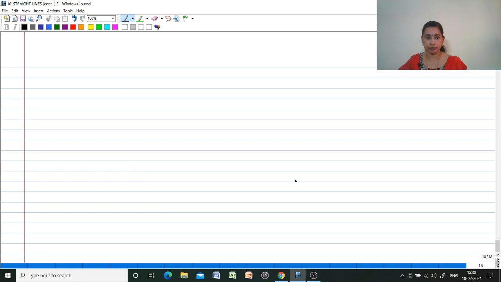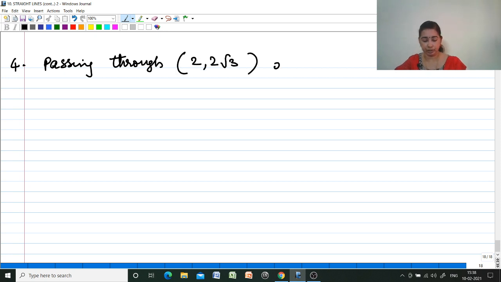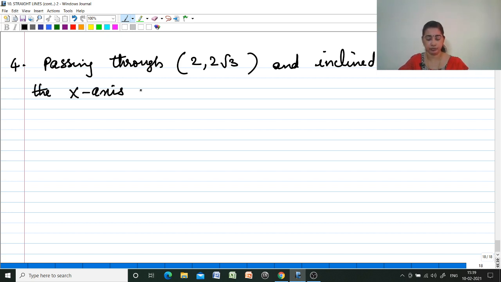Then next one: find the equation of the line passing through 2 comma 2 root 3 and inclined with the x-axis at an angle of 75 degree.